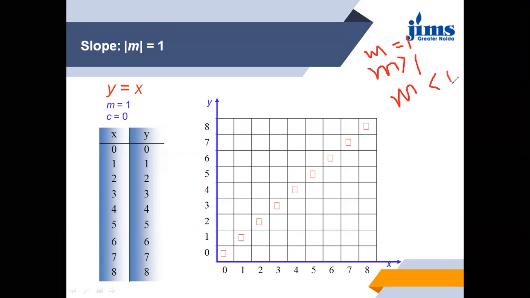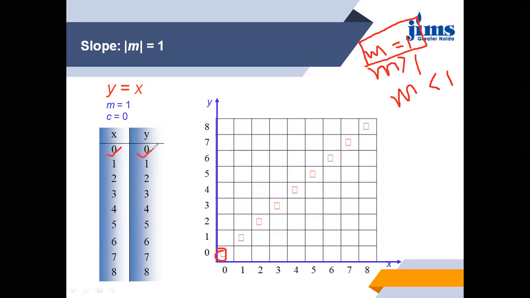So in this slide, we will discuss when the value of m is equal to 1, meaning this is at 45 degrees. Suppose this is our first pixel, x and y.